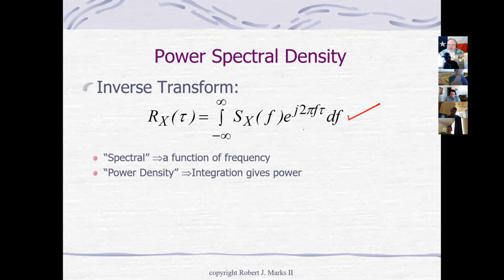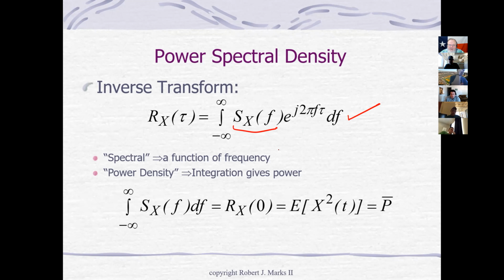So here is the inverse transform of the power spectral density. This again is only applicable to stochastic processes that are stationary in the wide sense. Now, one of the things that we figured out was that the area under the power spectral density, since the power spectral density is given by this, if we integrated over all of this at tau equal to 0, tau equal to 0 would correspond to setting this exponential to 1.